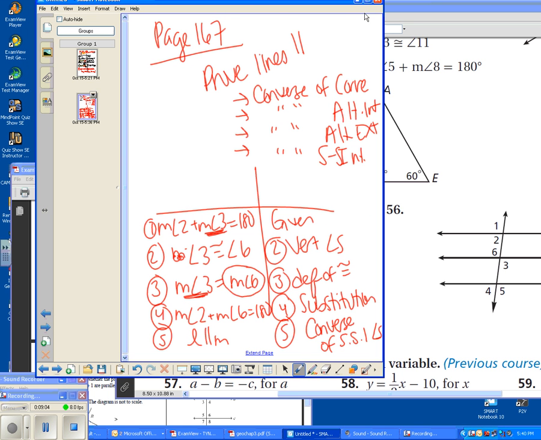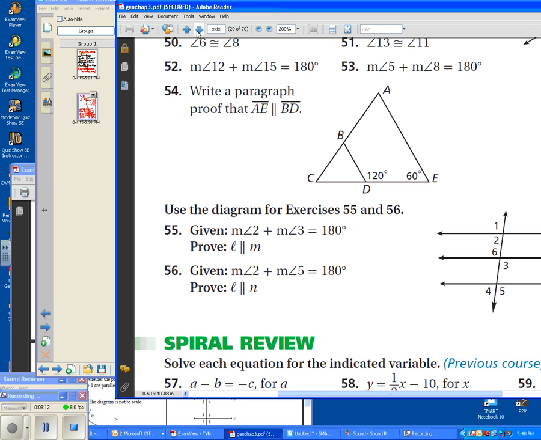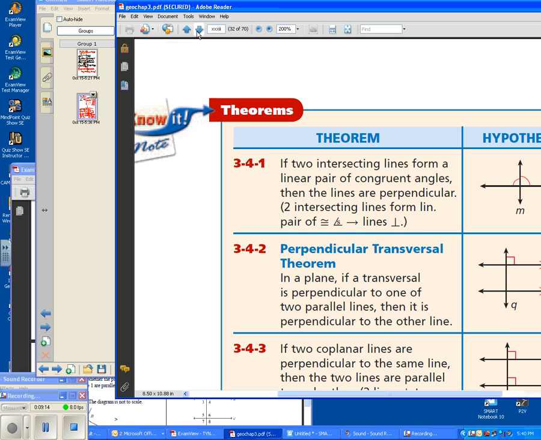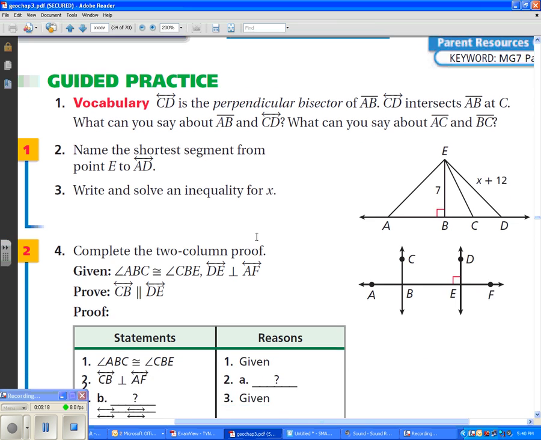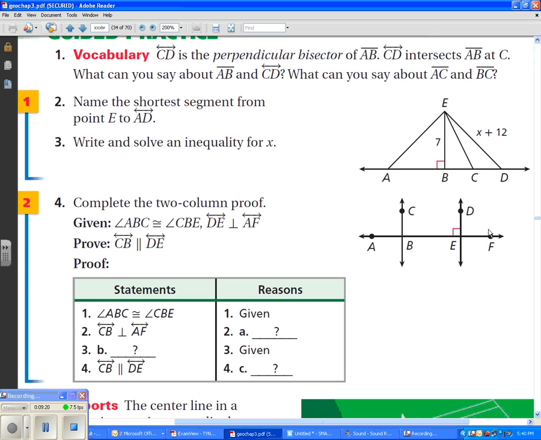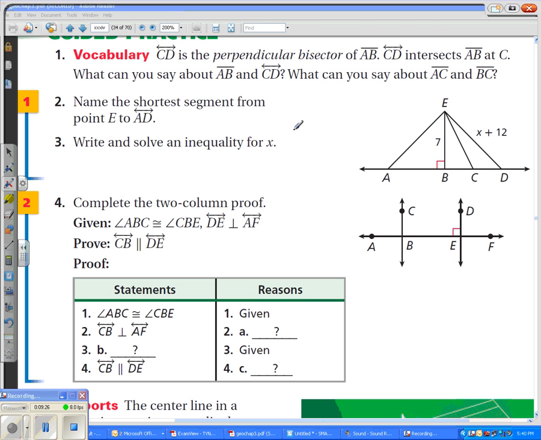The last proof I want to talk to you guys about is page 175, number 4. And this was one of your assignments. So page 175, number 4. Okay, here it is. The second one, we're talking about perpendicular lines. Whenever you see perpendicular lines, there were 3 proofs, 3 different postulates or theorems that we talked about. One was the perpendicular transversal theorem.